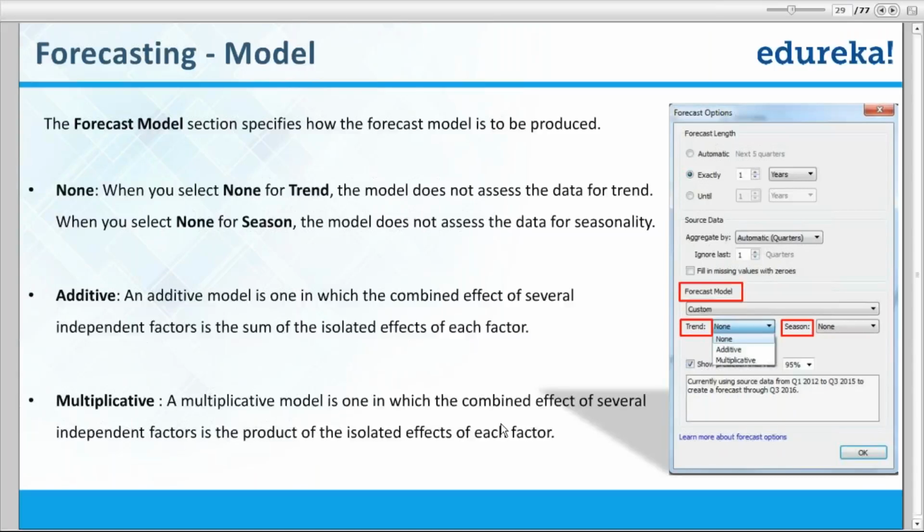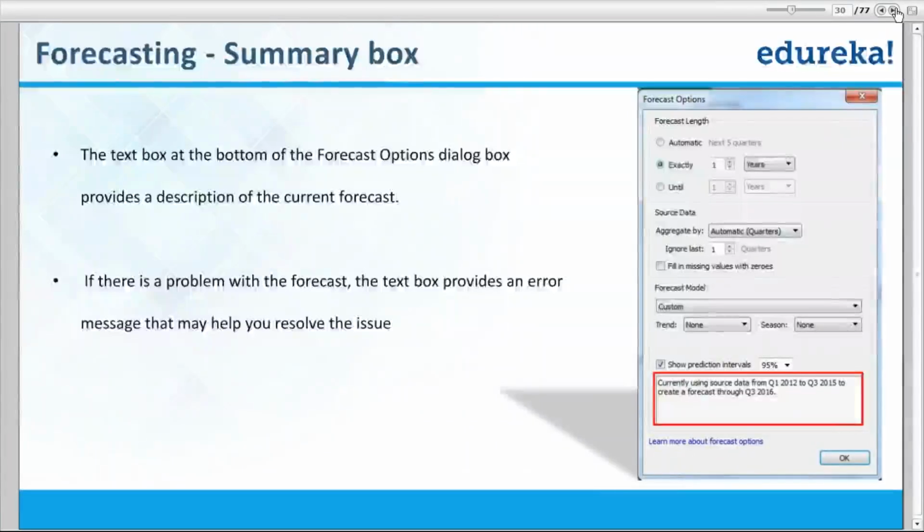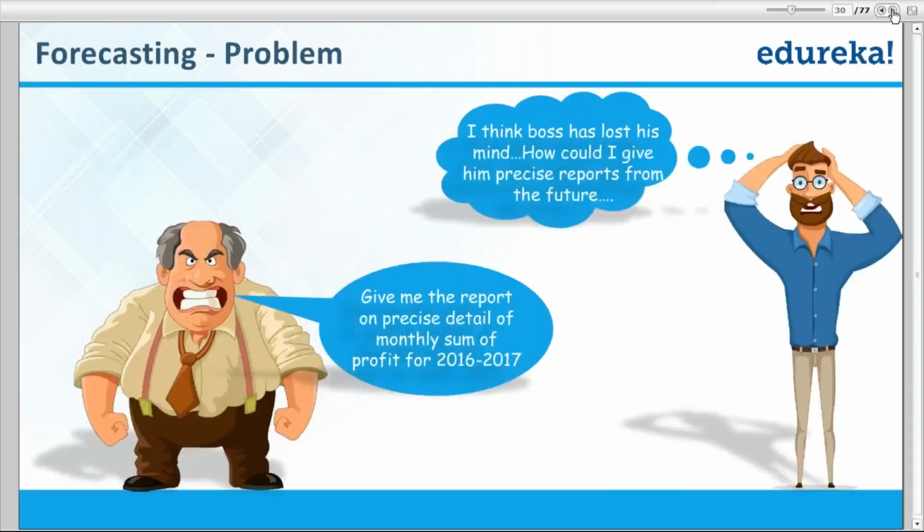Isolated effects here is the change in trend. Sometimes the forecast is trending downward or upward, so these isolated effects are multiplied. That's why we call it the multiplicative model. And there is also a summary available showing what information is being used.